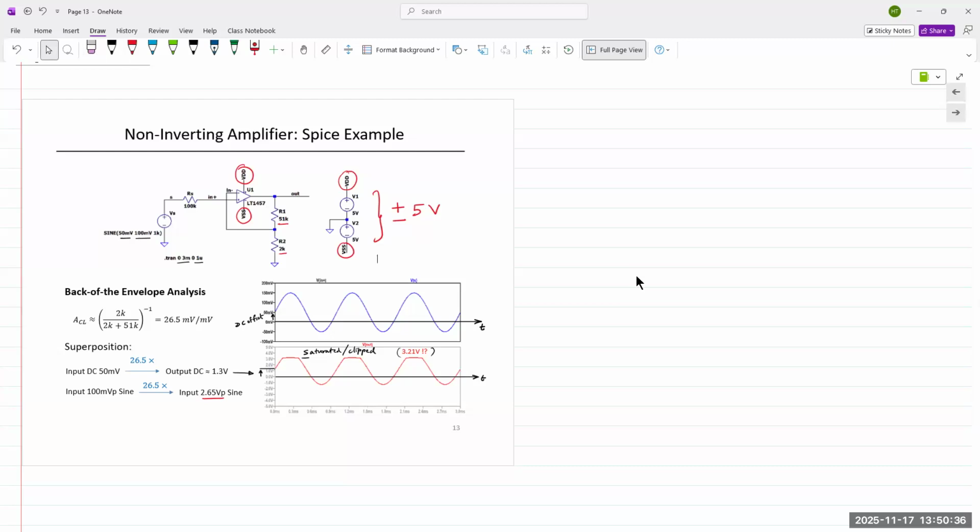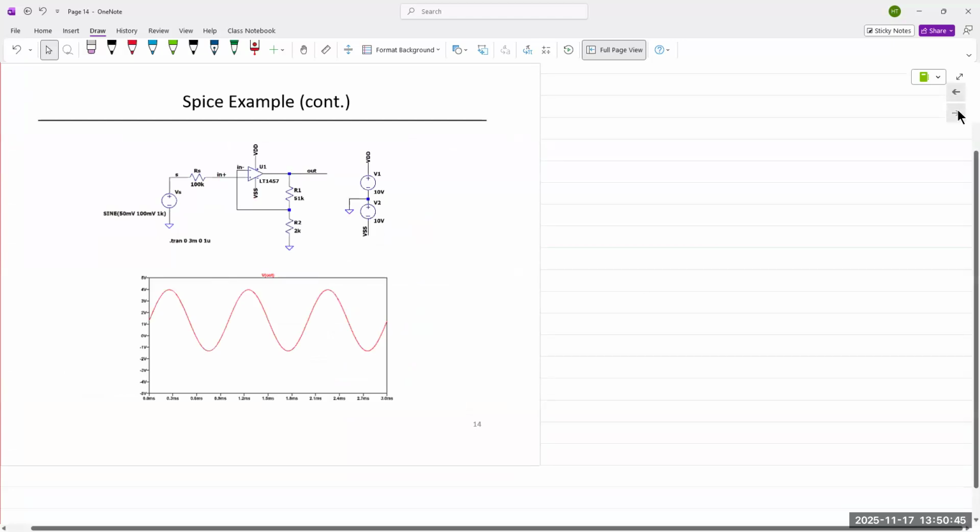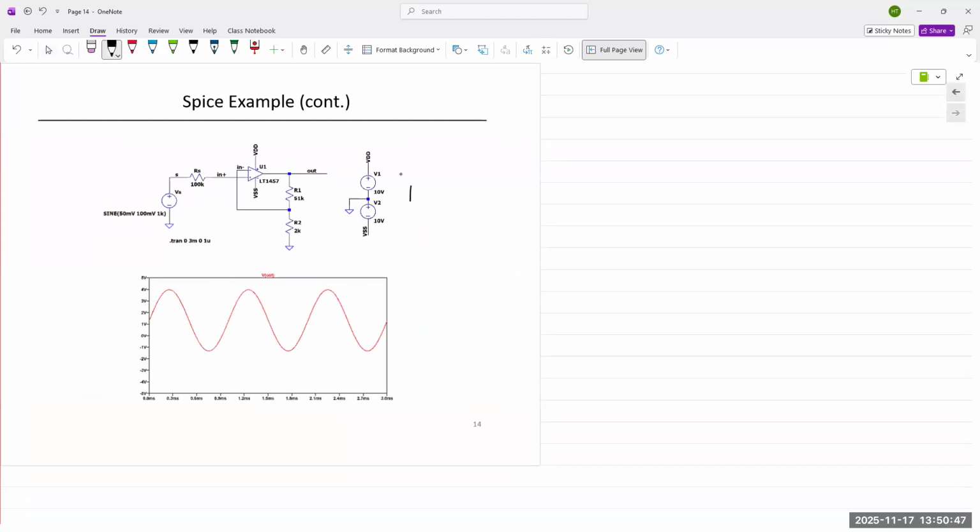And so it's clipping off the top. That's what's happening. So if you wish to obtain the full potential, then we apply a larger voltage. So we apply plus minus 10 volts, and now you get the full swing at the output.